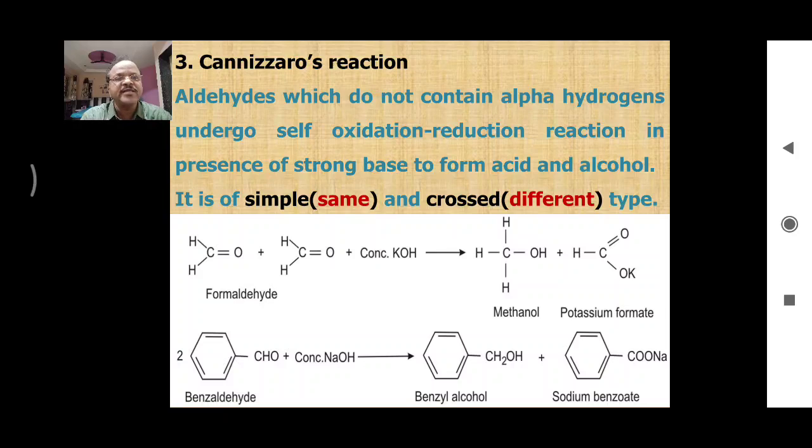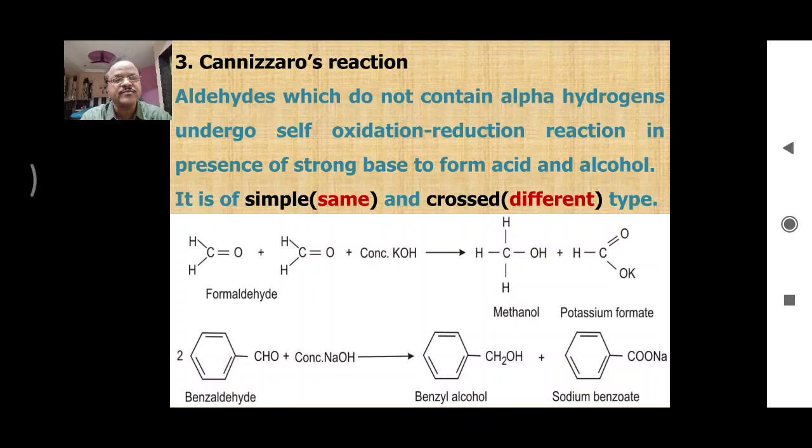Now what is meant by simple Cannizzaro reaction? In simple Cannizzaro reaction, two molecules of aldehydes which do not contain alpha hydrogens undergo self oxidation reduction reaction to form acid and alcohol.